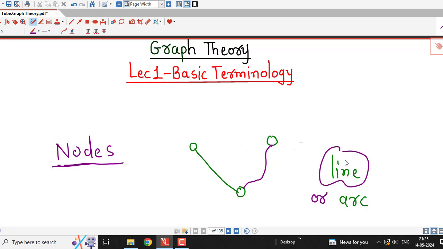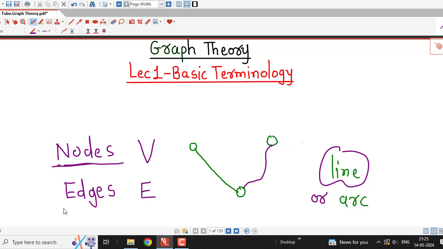Those lines or arcs which connect nodes are called edges. So in the definition of graph, we have one set which is the set of vertices or nodes that we denote by capital V, and we have another set of edges, that is the lines or arcs which connect the given pairs of nodes.